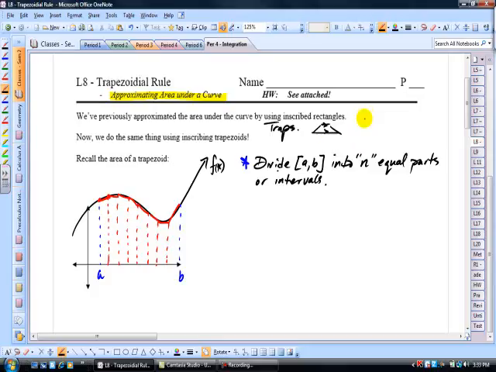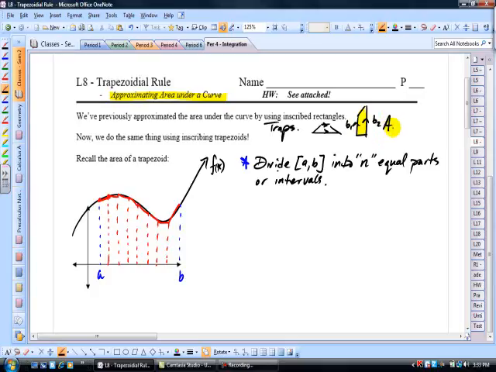Or if it's rotated, the parallel sides may be vertical, and it may look like this right here, where these 2 sides are parallel. So the bases B1 and B2 are parallel, and the other 2 sides are non-parallel. We actually have the second case here that's highlighted. We have trapezoids that are oriented vertically, where the bases are parallel vertically.